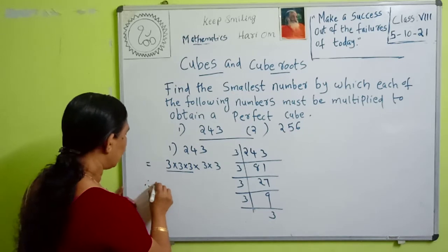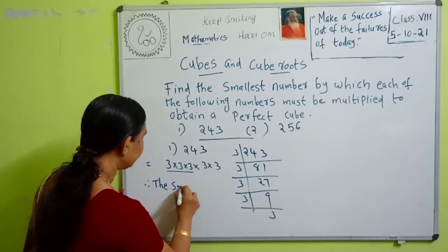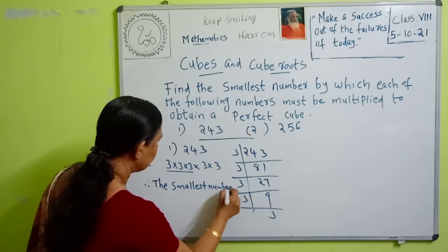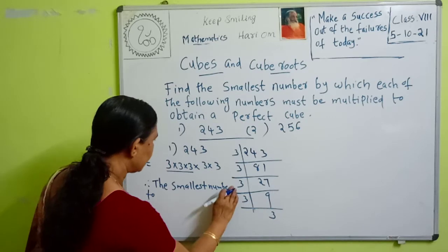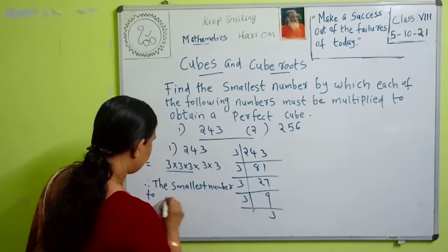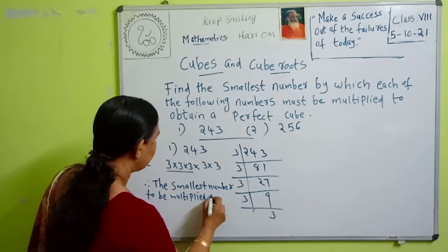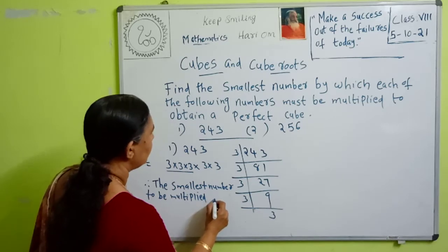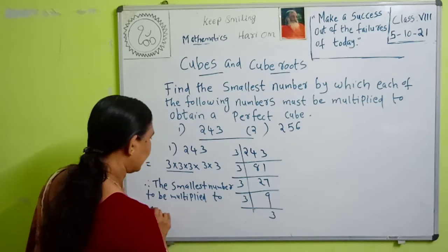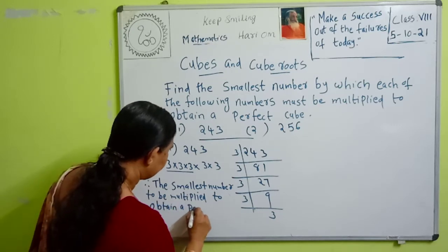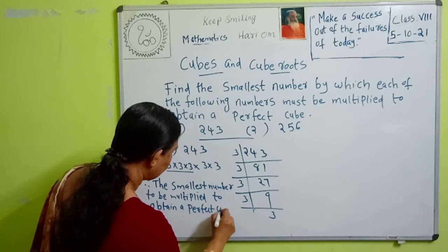Therefore, the smallest number to be multiplied to obtain a perfect cube is 3.